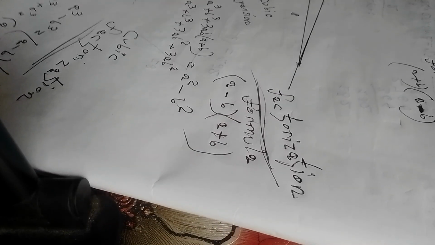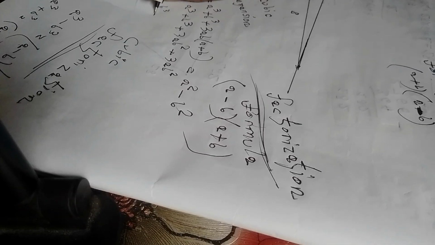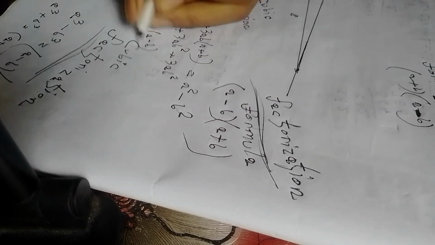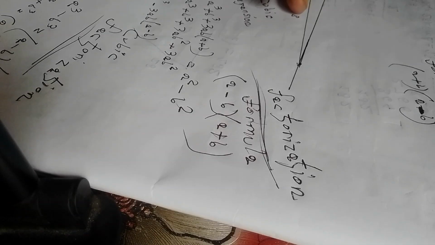They are basically the same thing. a cube minus b cube minus 3ab. However, I don't recommend using the other form, okay? Because as I remember, you will always end up with a problem in the examination.